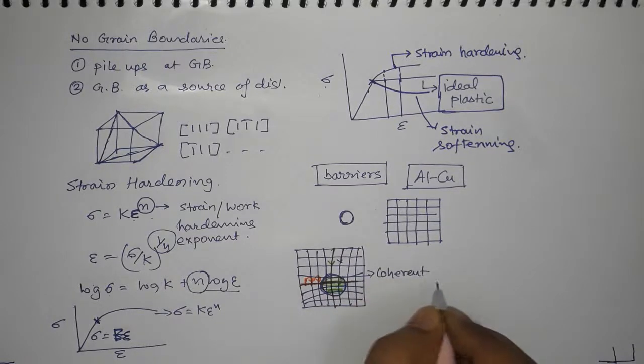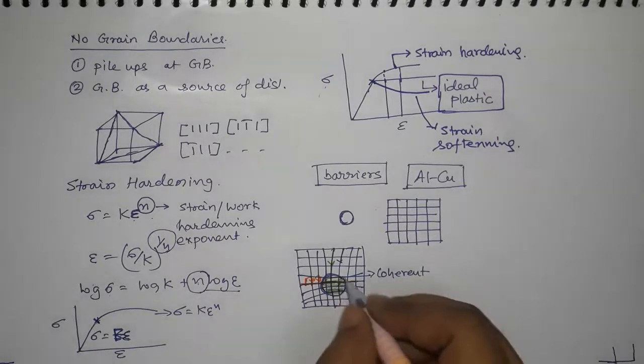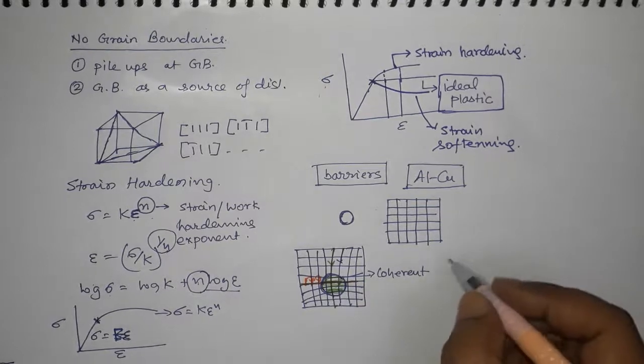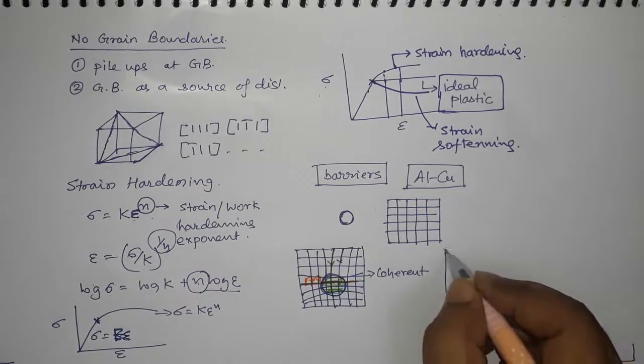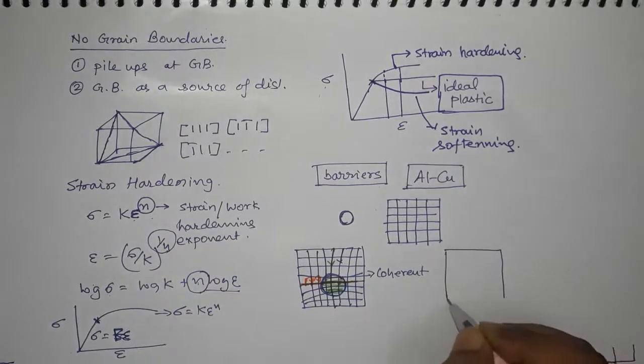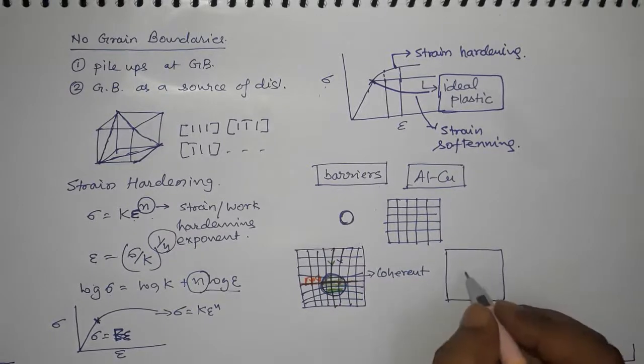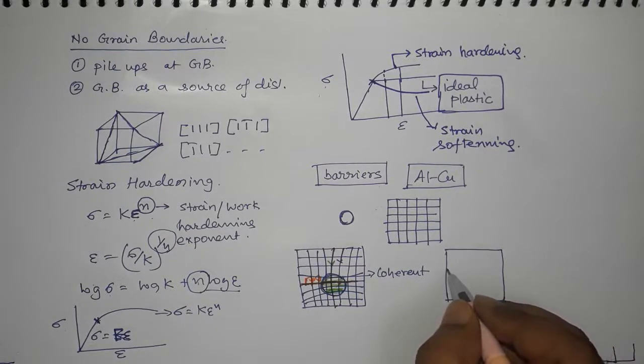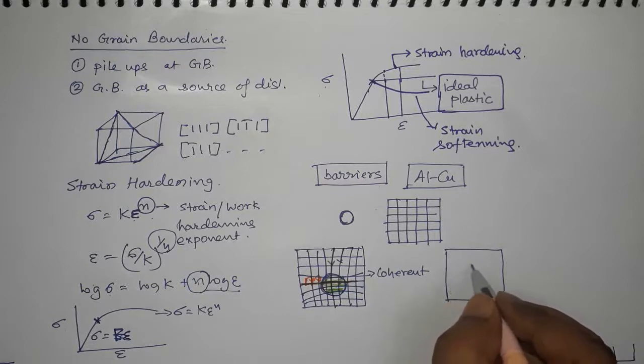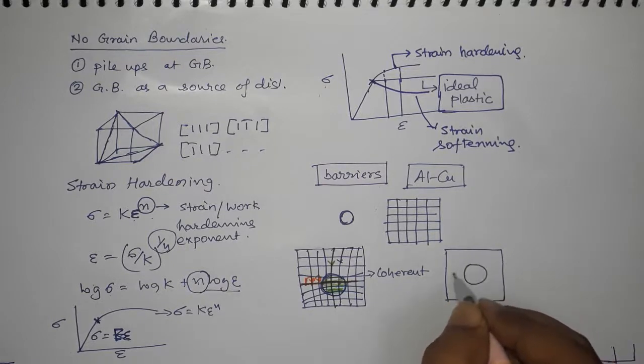There is complete coherency. Then what happens? Slowly they try to change. The copper now tries to have its own identity. In that case, you will not have one-to-one correlation.